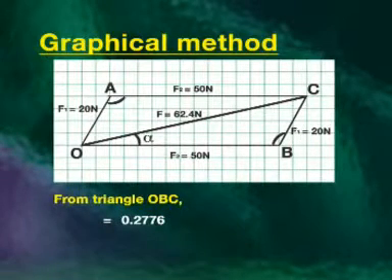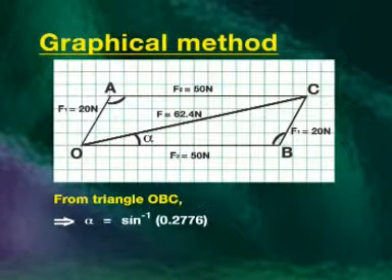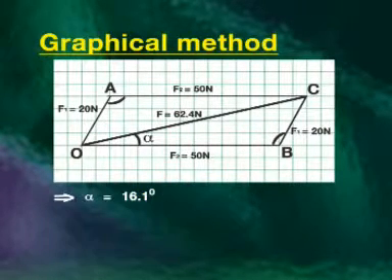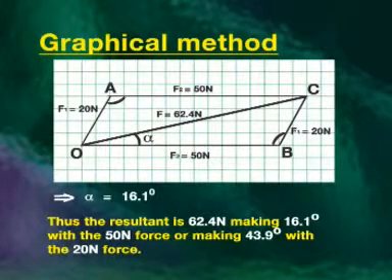This gives us 0.2776. When we find the sine inverse of this, we get alpha equals 16.1 degrees. Thus, the resultant is 62.4 newtons, making an angle of 16.1 with the 50 Newton force, or making an angle of 43.9 with the 20 Newton force.